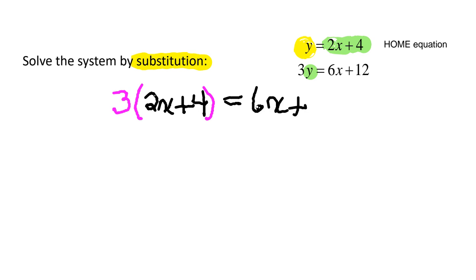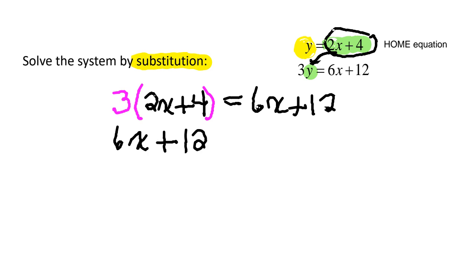I just substituted this green part into the non-home equation. Well, this is going to give me 6x plus 12 equals 6x plus 12. Okay.